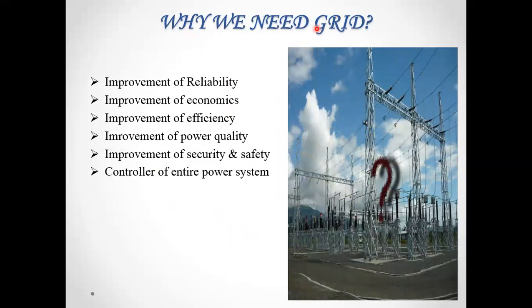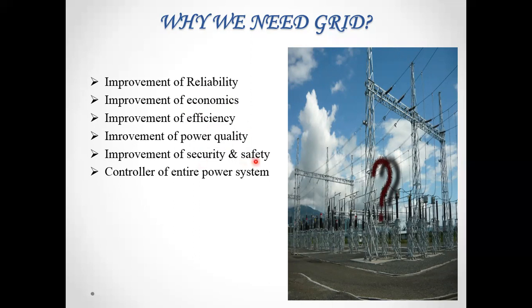Why do we need this grid, why is it important to have the grid? The main thing is to improve the reliability of the electricity generated, then improvement of the economics, improvement of the efficiency, improvement of the power quality, and security and safety is very much important.